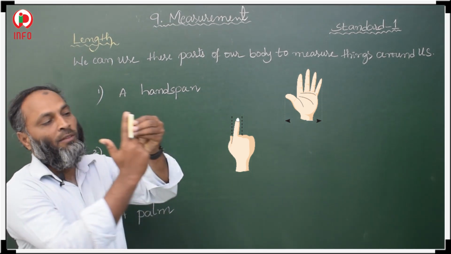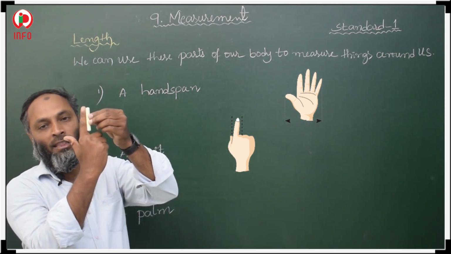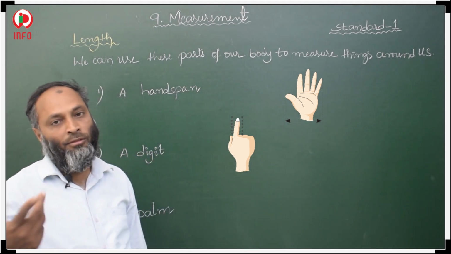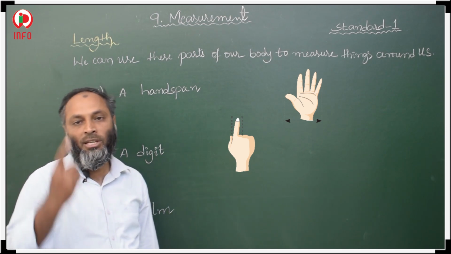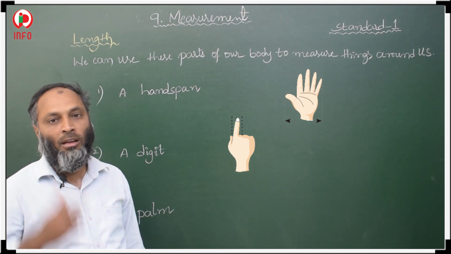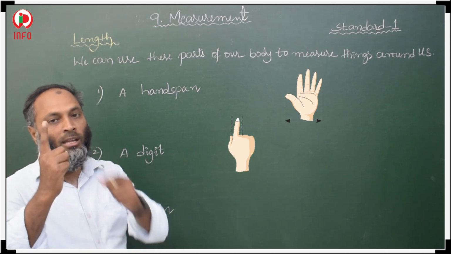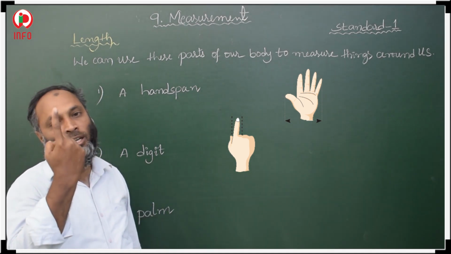It is nearly equal to one digit length. So we can find the length of your pencil, pen, compass box and textbook using a digit. How many digits is the length of your pencil?